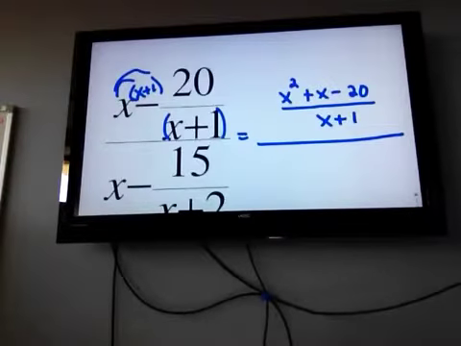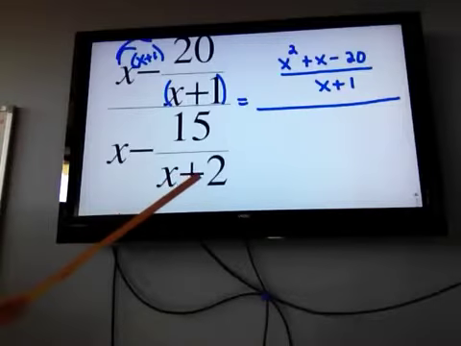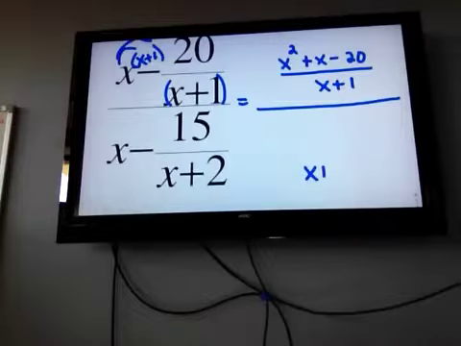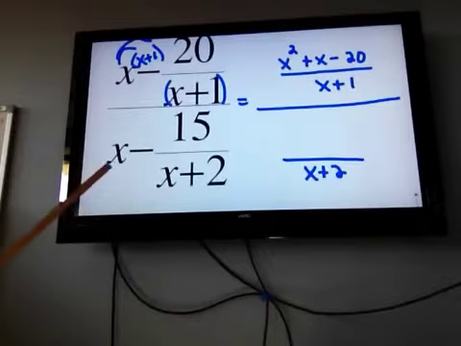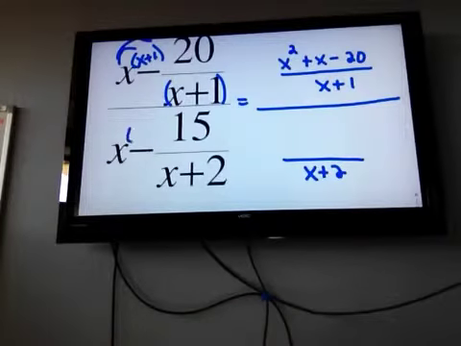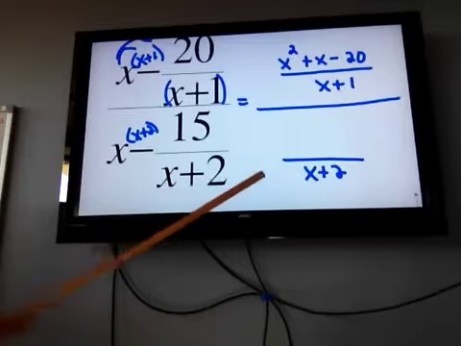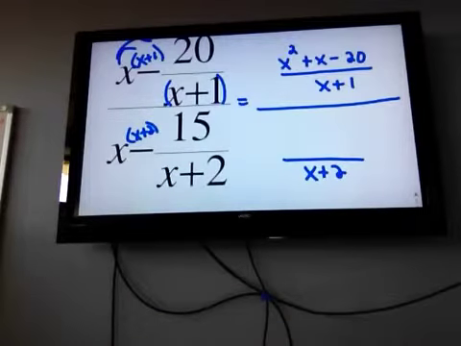And then I do the same thing in the denominator of the complex fraction. The common denominator is x plus 2 because it's the only denominator there. First denominator, which doesn't exist or is understood to be a 1, needs that x plus 2. The second denominator looks exactly as the common denominator, so I don't need anything with 15.